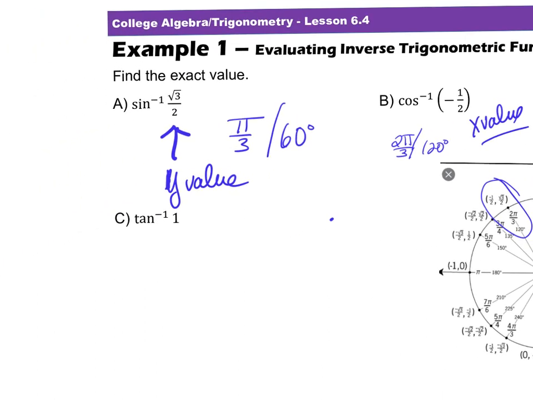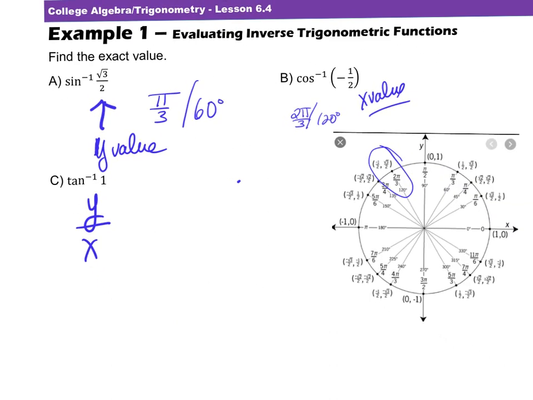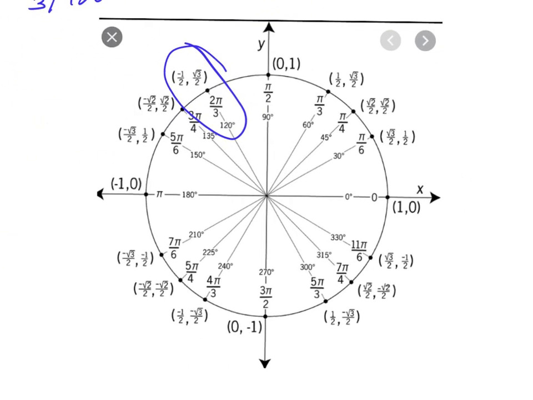The last one says tangent is 1. What does tangent mean? Y over X. So think about this. On the unit circle, what ordered pair would give me 1? What is the only ordered pair that could give us a +1?